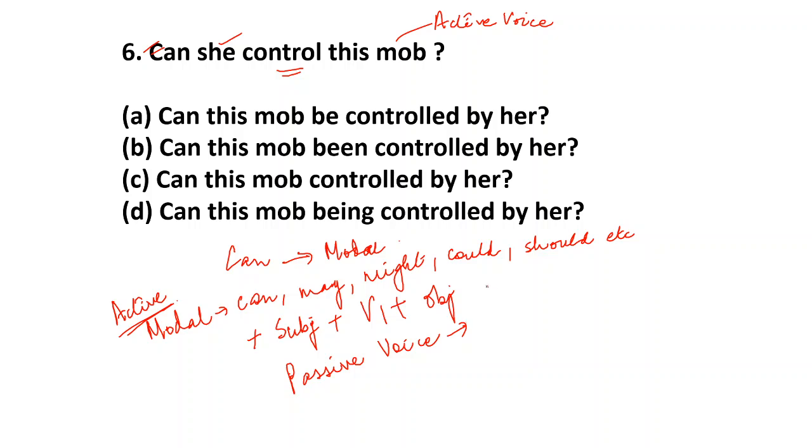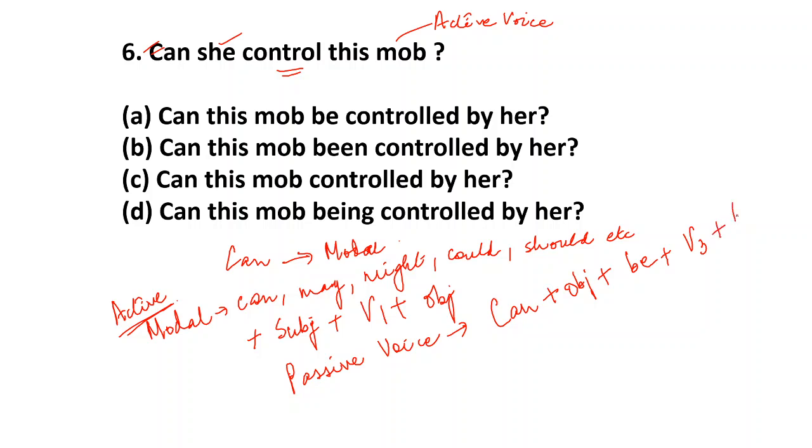what happens? In the passive voice, you have to again start with the same modal. Any modal which comes, it will start with the same modal. Can, suppose, then you will bring the object, then you will bring be, then there has to be V3, that is the third form of the verb.